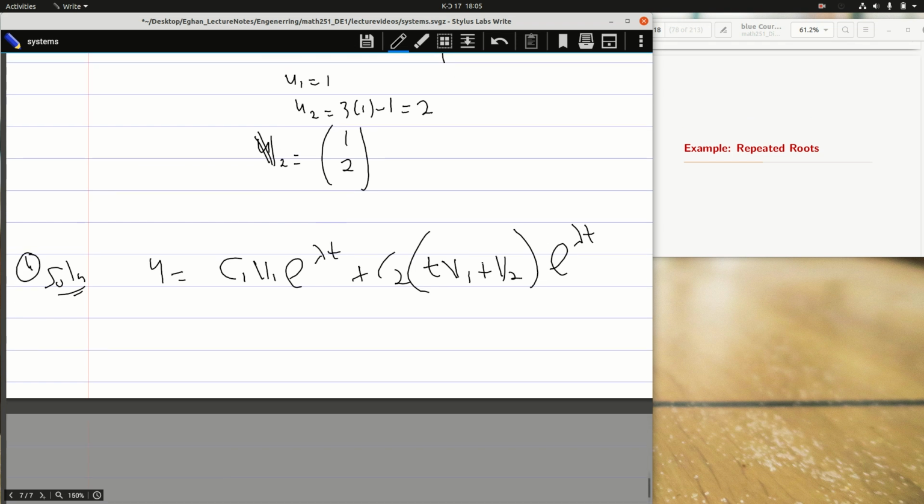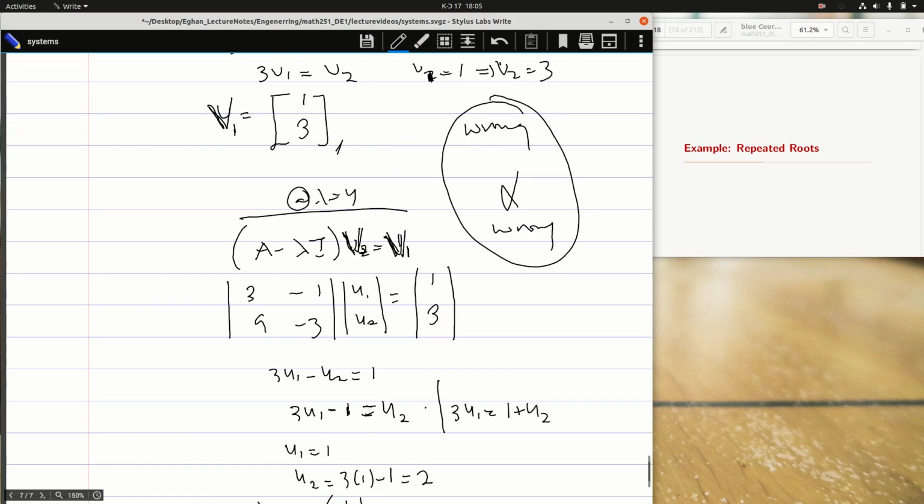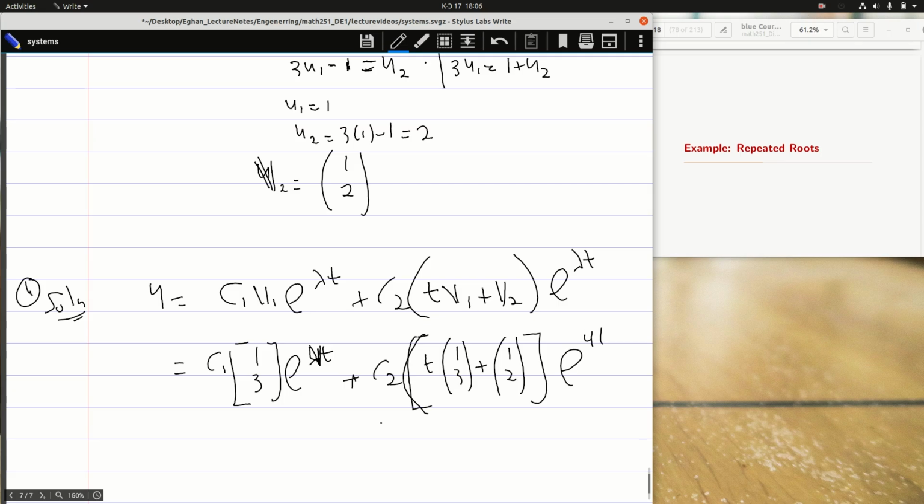So let's simply do the substitution. v1 was given as 1, 3, e to the lambda t, lambda is 4, plus c2 times t of 1, 3 plus 1, 2, of my second, with the same e to the 4t.